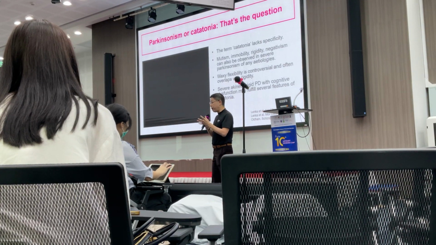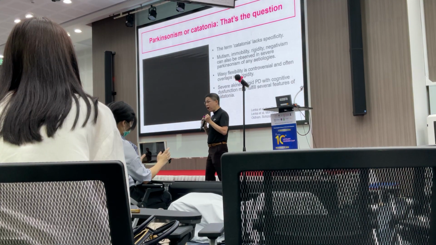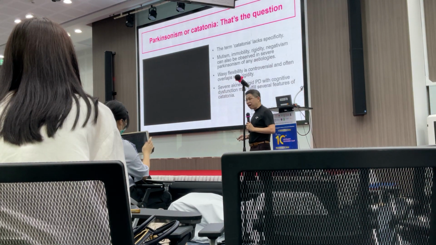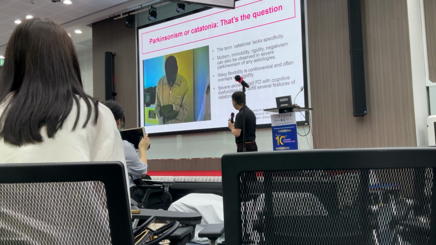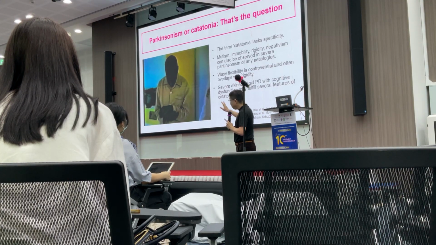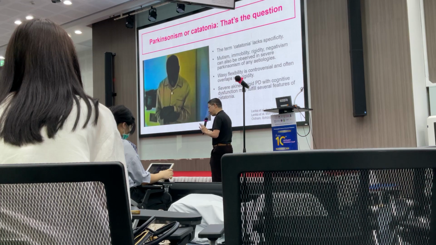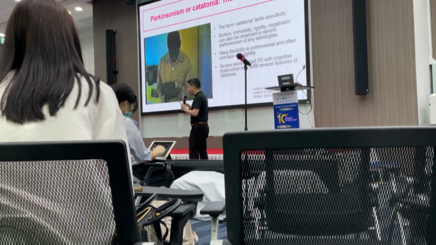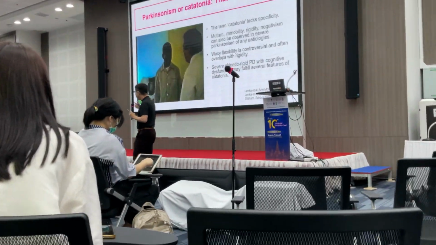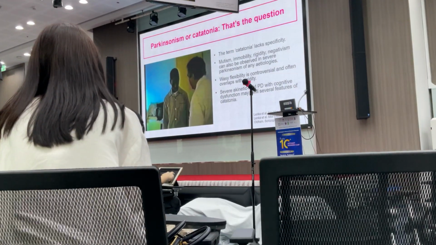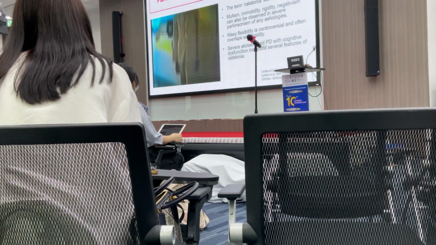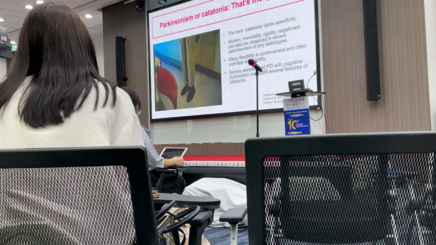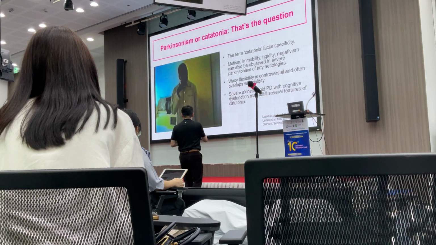In patients with severe parkinsonism, they can be catatonic as well, so it's very important for you to realize. This is a video from Fan. It differentiates psychiatric catatonia from parkinsonism by observing the reflexive spontaneous movement, which tends to be preserved in patients with catatonia. You can appreciate here.